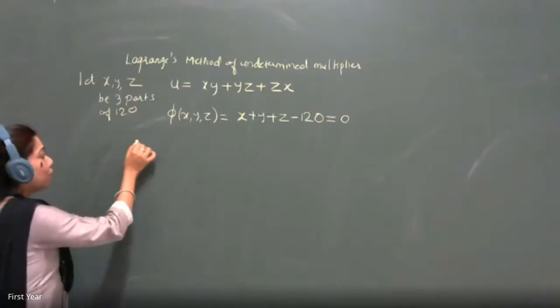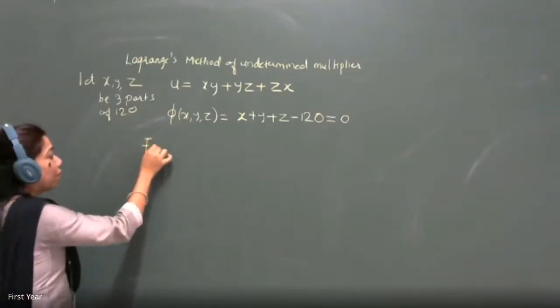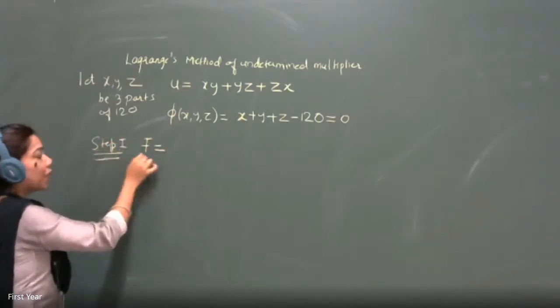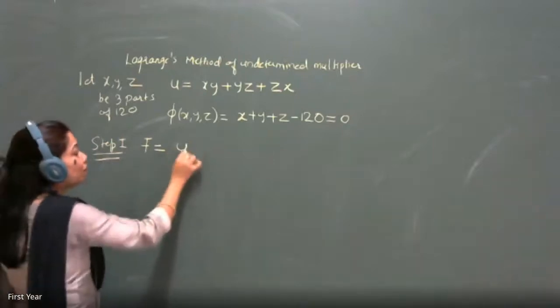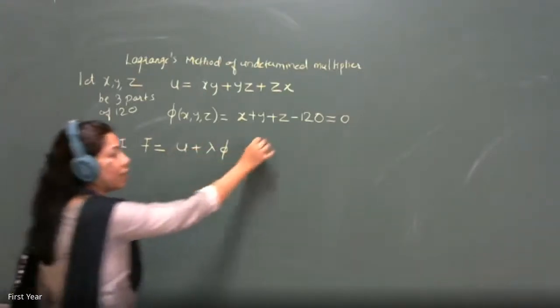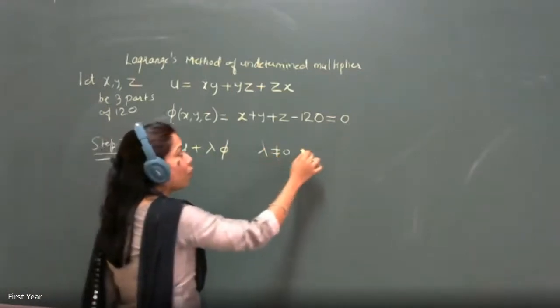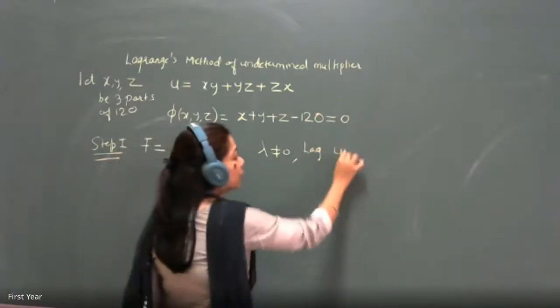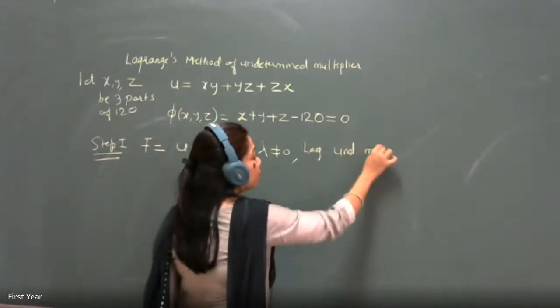Now we have to write down capital F. Step 1: you write F is equal to u plus lambda phi. We are going to make use of this lambda, which is non-zero and called Lagrange's undetermined multiplier.